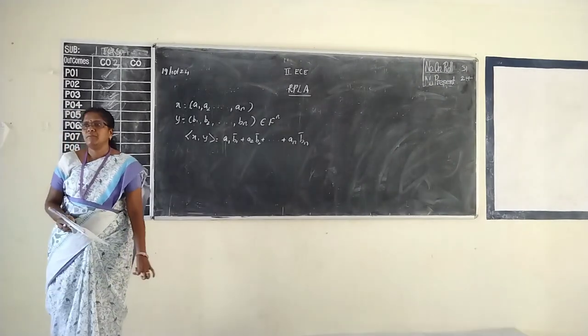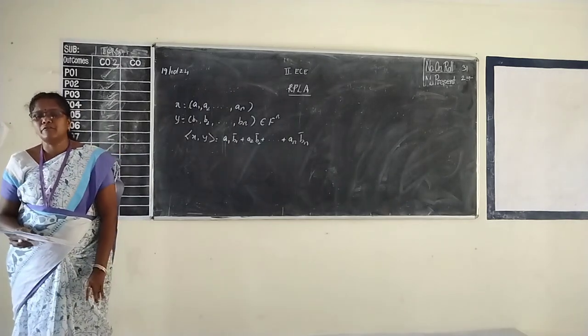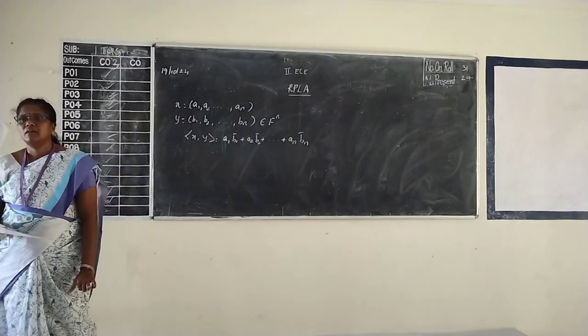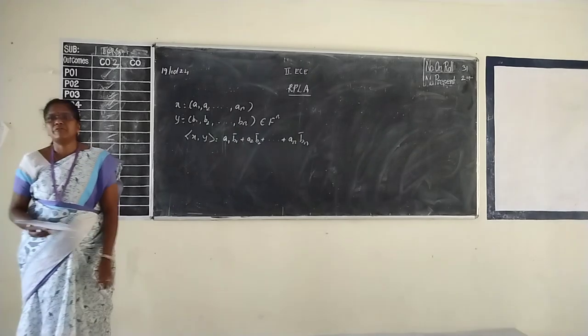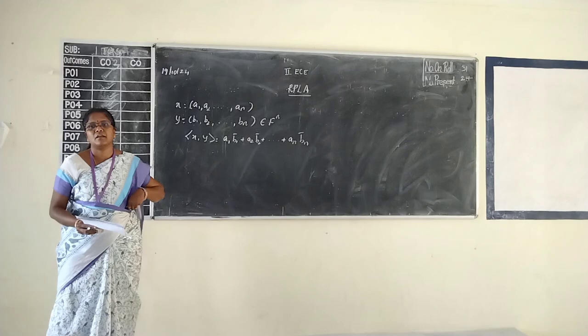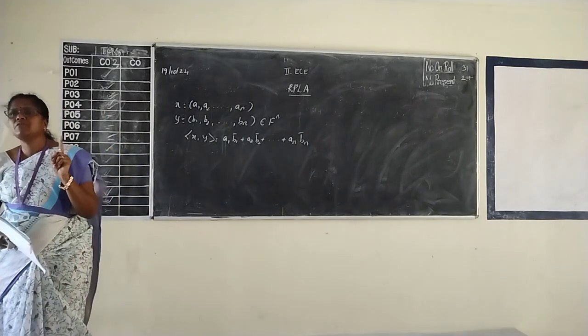Let x comma y belong to F power n and alpha belong to F. So what is the first condition?